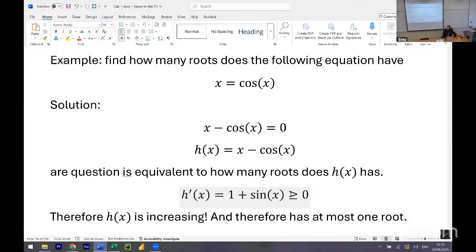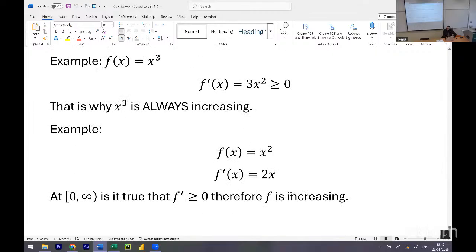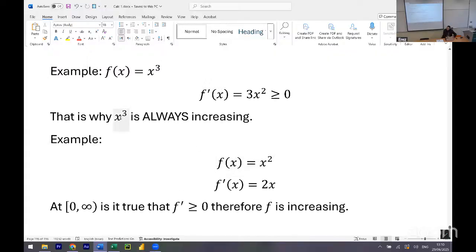Yes, Sammy. Is that to say then that a cubic graph is not increasing? It is increasing, we saw it in a second. Because it goes up and down and up? It doesn't have to. x cubed is only going up. The derivative is a parabola, which might be above the axis and always positive.